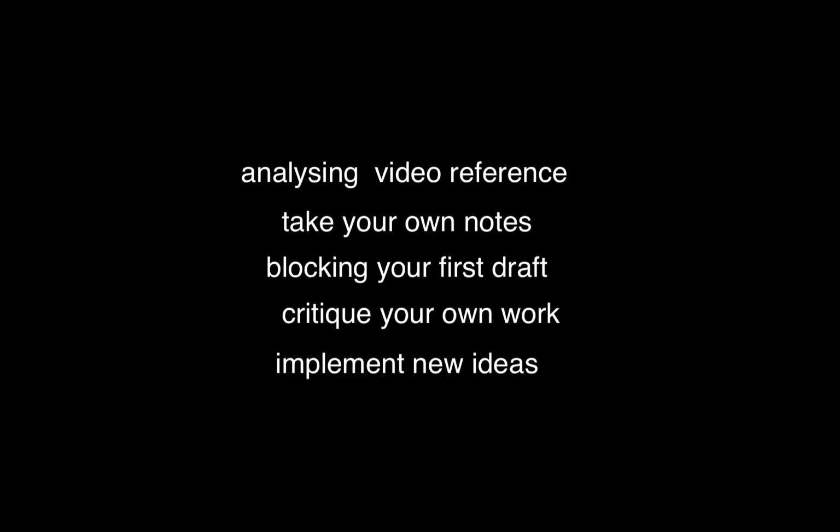But the overall process is the same. It's just a back and forth process between analyzing reference, analyzing people's work, making your own notes, going into the animation software, blocking something out, critiquing your own work, and then implementing new ideas.